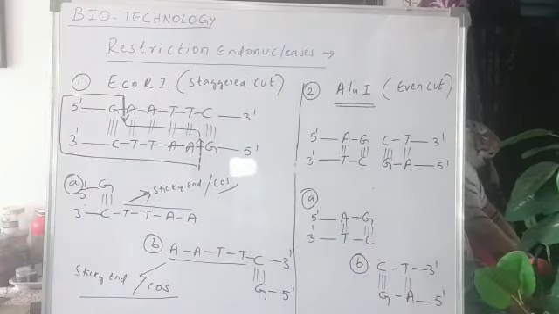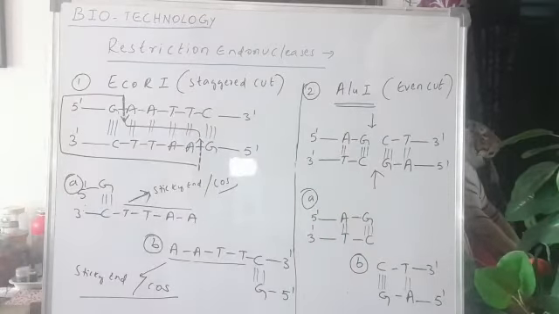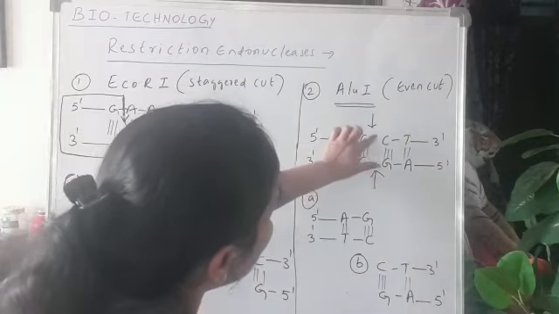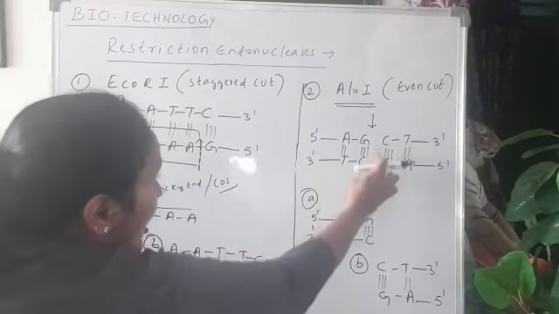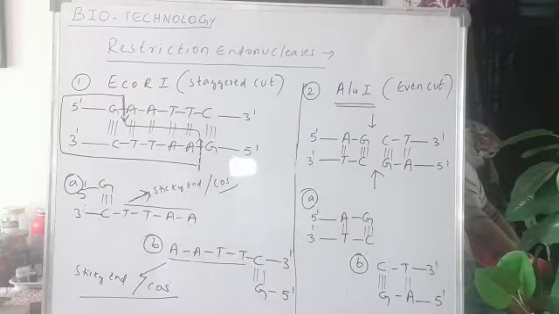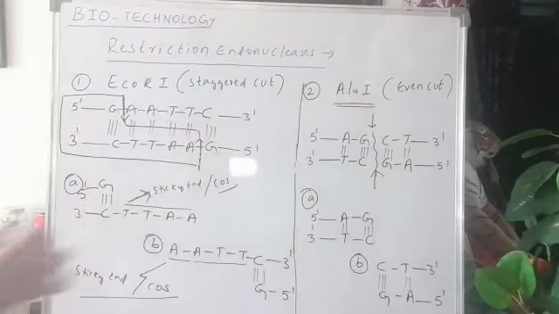Now here what we have noticed is that the PD bonds have broken which are located opposite to each other in the two strands. Such a cut is called an even cut.